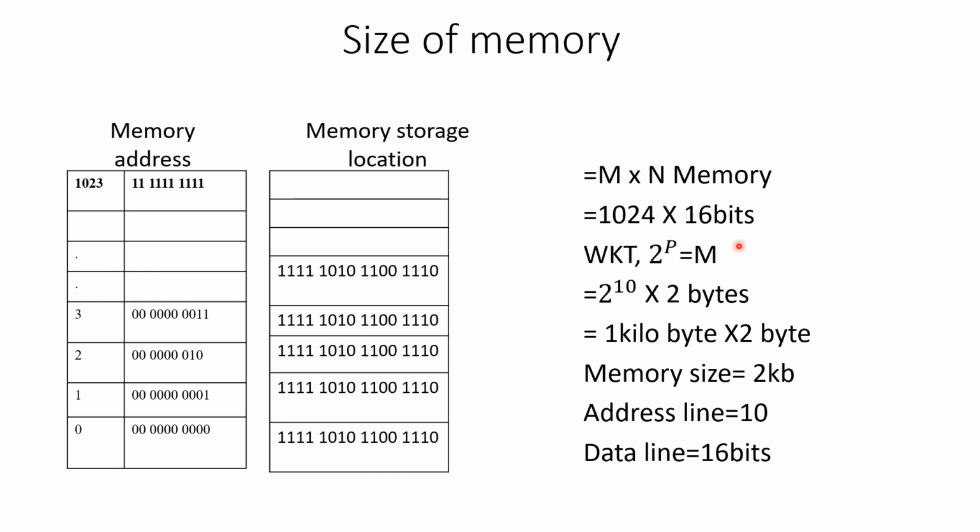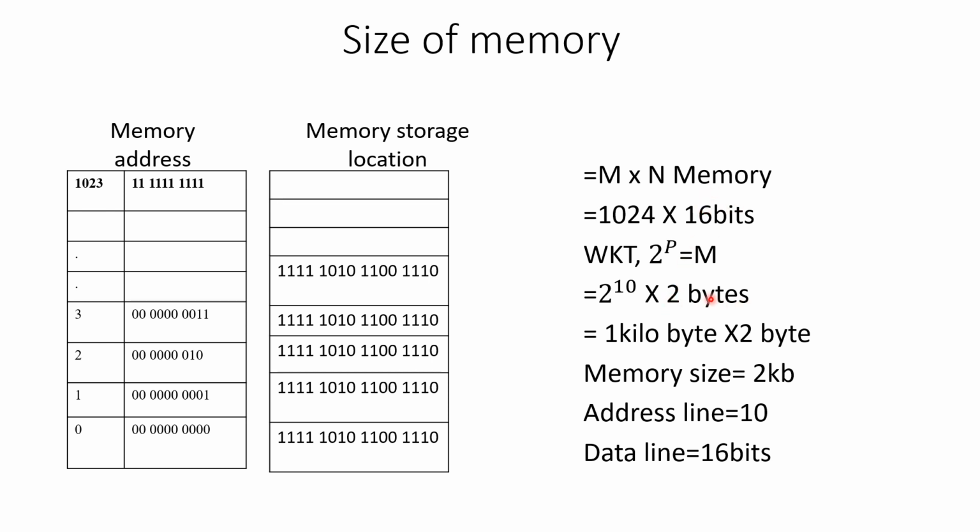So each location stores 16-bit data. Now we want to simplify this 1024 cross 16 bits. We can write 16 bits as 2 bytes, because we already know that 8 bits equal 1 byte.